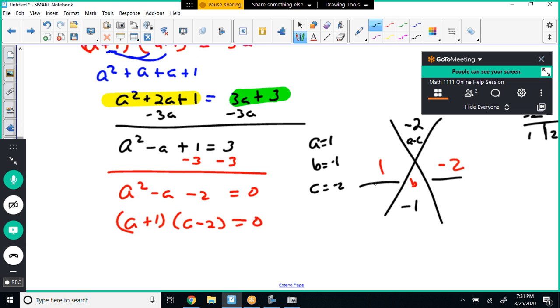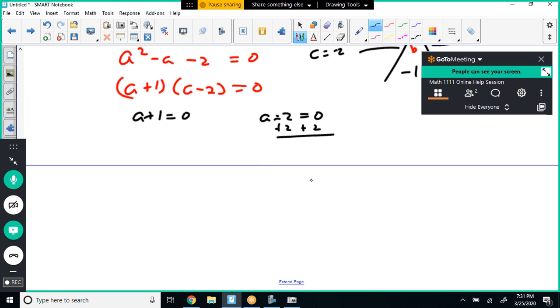And then these are the factors, right? So set each factor equal to 0. And then we'll plus 2, we'll say A is equal to 2. On this one, we're minus 1, so A is equal to negative 1. So our answers for right now are negative 1 and 2.